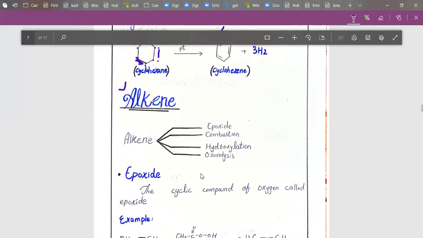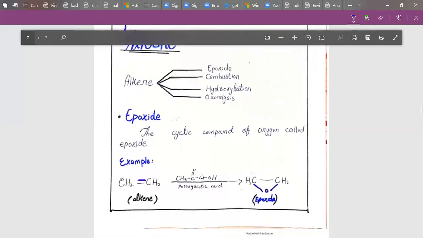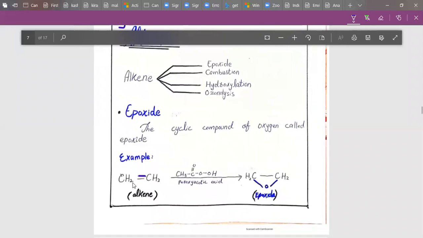Epoxide. The cyclic compound of oxygen is called epoxide. When we take an alkene in the presence of peroxyacetic acid, it produces an epoxide. This one is the cyclic structure. So that's why we can say it is an epoxide. This bond is removed.